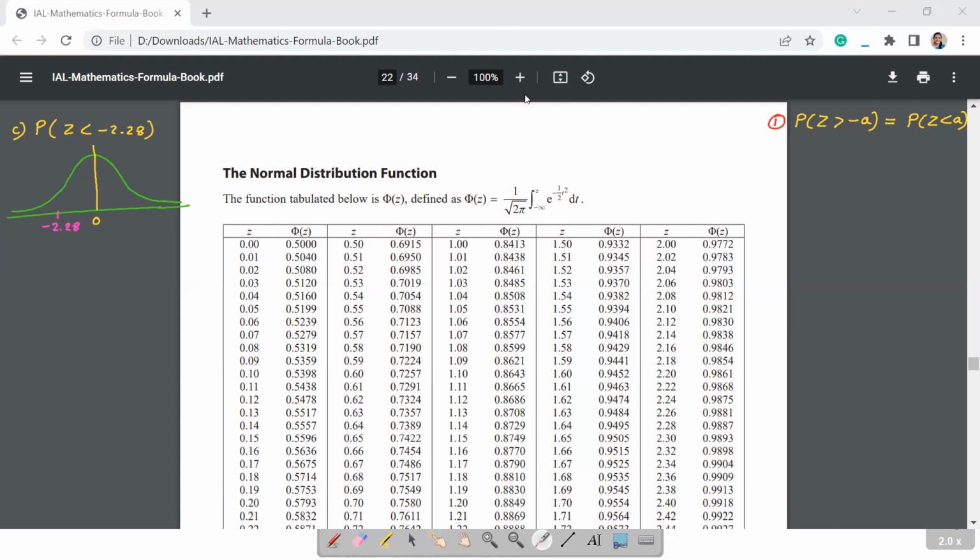What area are you supposed to find? It said it's lower than minus 2.28, so it is this area.